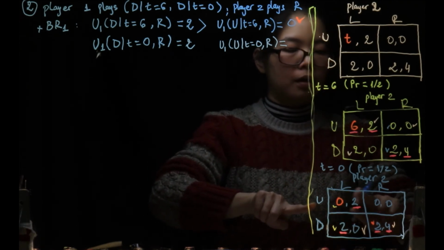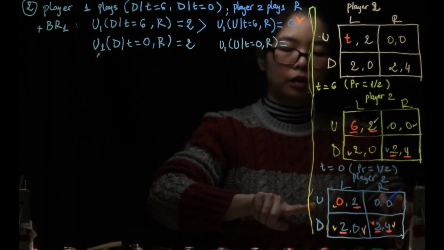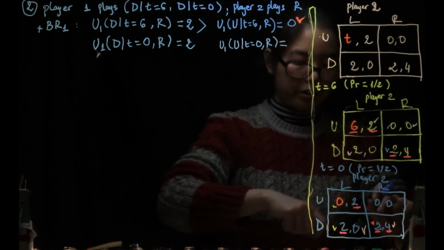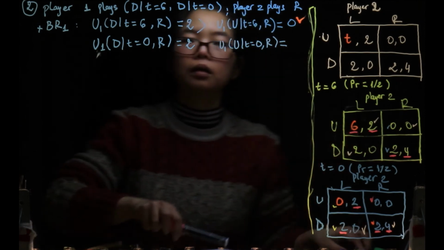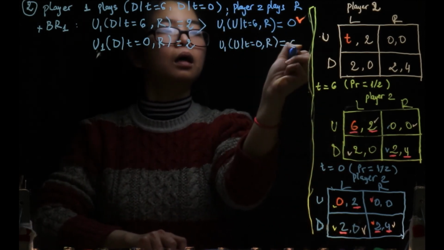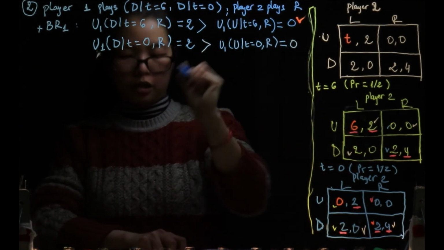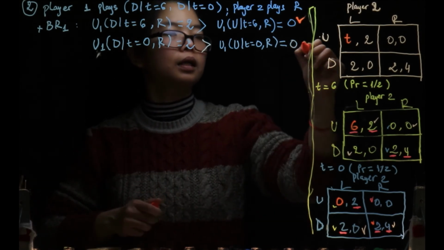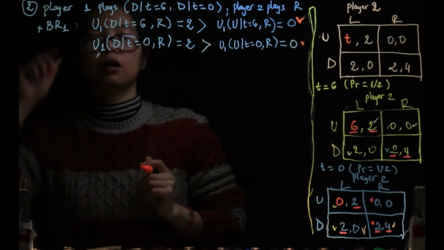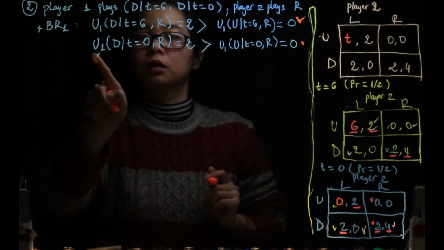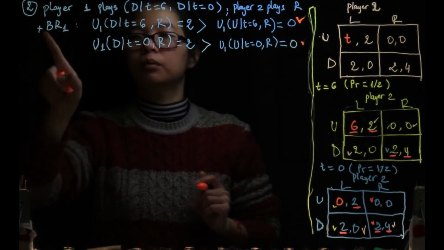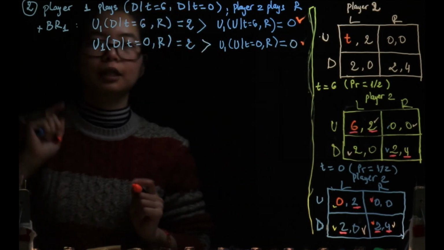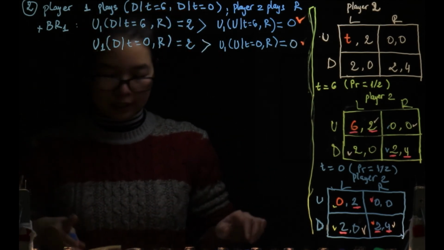Now the second column, the first pair would be 0. So it is still larger, another tick mark, meaning this is also the best response for the other type. For each and every type, player 1 has a best response. That is already good from his side.